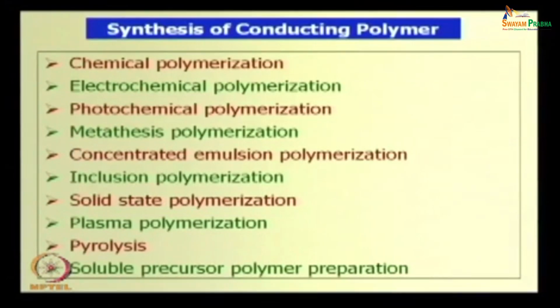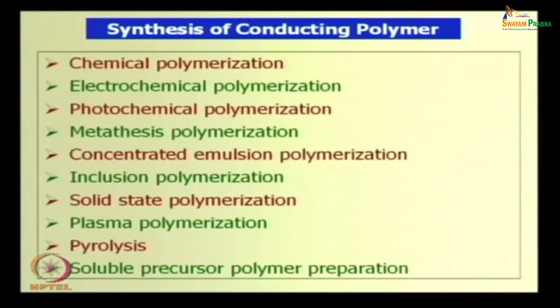How to synthesize? There are various techniques people are following, out of which 3 techniques are very important. One is chemical polymerization, chemical synthesis, the other is electrochemical polymerization, the third is plasma polymerization, plasma deposition.